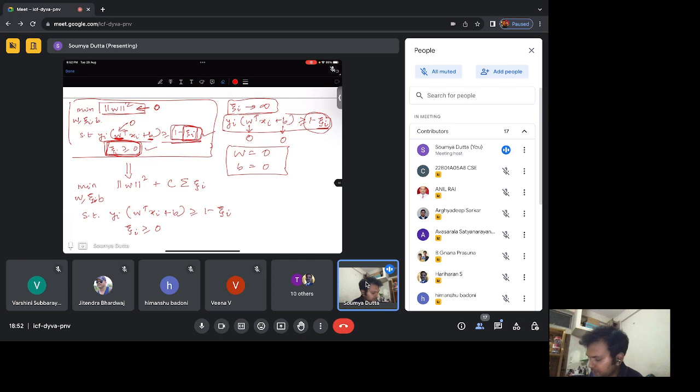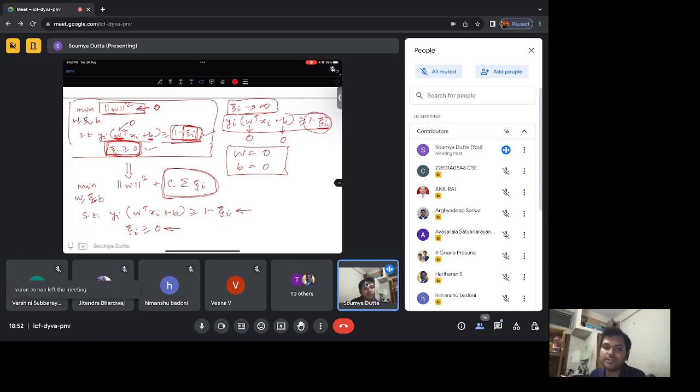Now what will happen is, if you are arbitrarily increasing zeta I, then this constraint allows it, no problem. This constraint will also allow it, that is also not a problem, but your objective function will start increasing. If your objective function starts increasing, then your optimization problem will have an incentive of not increasing zeta I too much and also not reducing zeta I to all zeros.